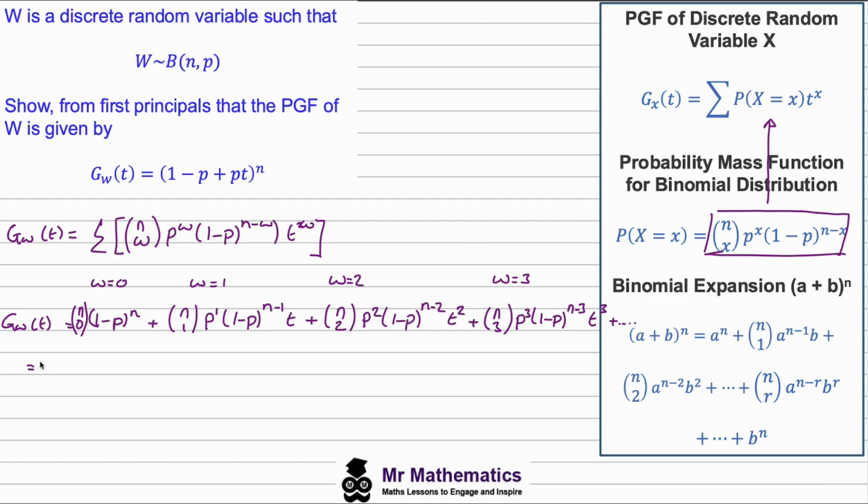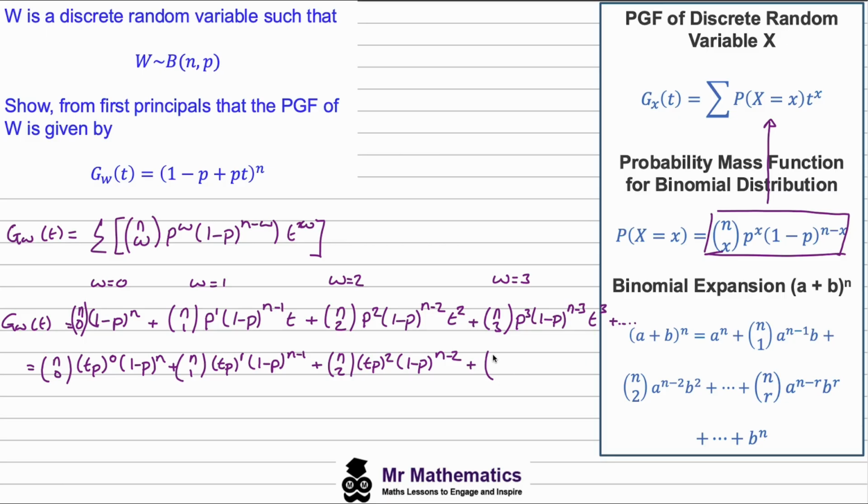So we've got n choose 0 of tp to the 0 times 1 minus p to the n, plus n choose 1 of tp to the 1 times 1 minus p to the n minus 1, plus n choose 2 of tp squared multiplied by 1 minus p to the n minus 2.